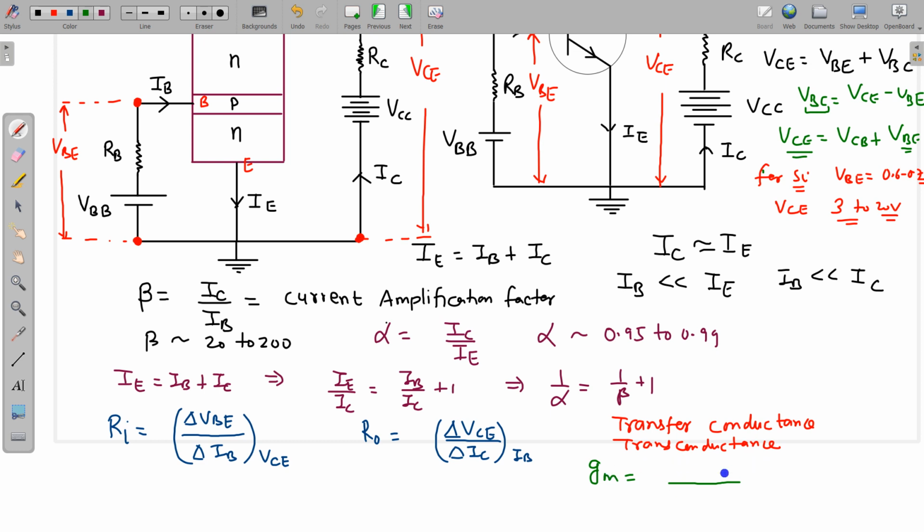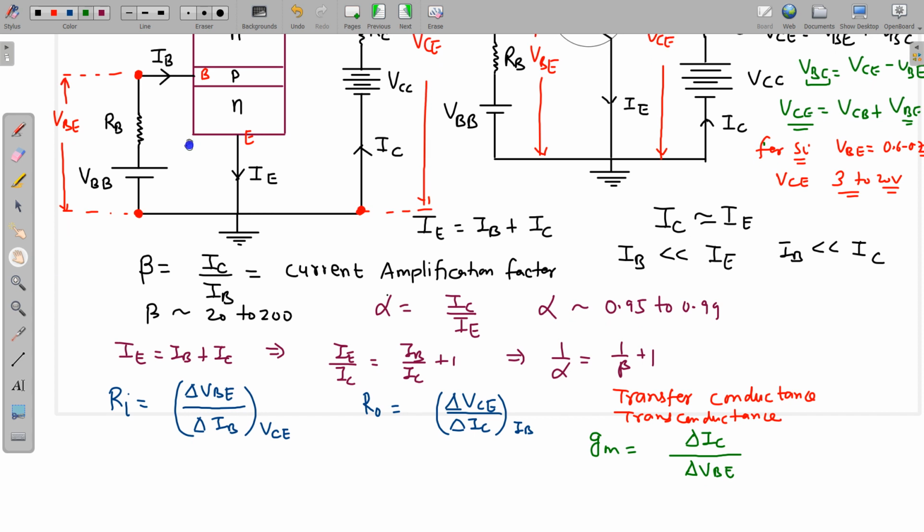So current will be in the numerator and some voltage will be in the denominator. So what current am I going to take? I am going to take current from the output side, and this is delta IC, fluctuations or changes in IC, divided by voltage from the input side, which is delta VBE, change in this. Why I am talking in terms of changes will be clear when we study about the amplifiers. So we are concerned about the changes, and those changes we put here to find all these things.